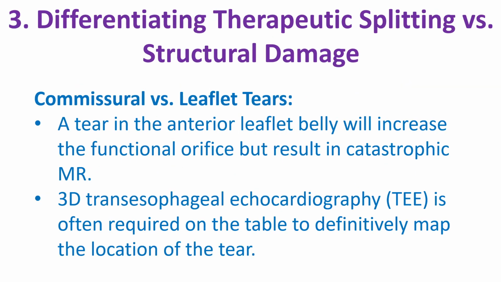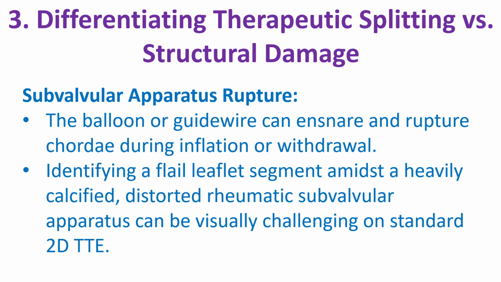Commissural versus leaflet tears. A tear in the anterior belly will increase the functional orifice but result in catastrophic MR. Three-dimensional transesophageal echocardiography is often required on the table to definitively map the location of the tear. Rupture of subvalvular apparatus.